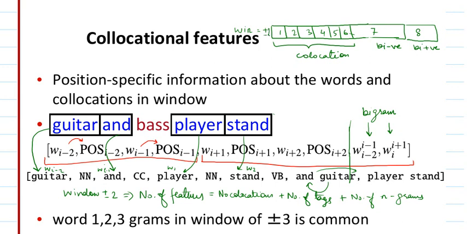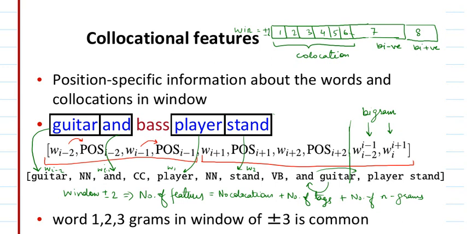For window size plus minus 3, and if I am considering up to 2 grams, here we need to see that for a window size of plus minus 2 there is no 3 gram, right? So if the window size is plus minus n, I can only consider the n grams of up to size n, right?